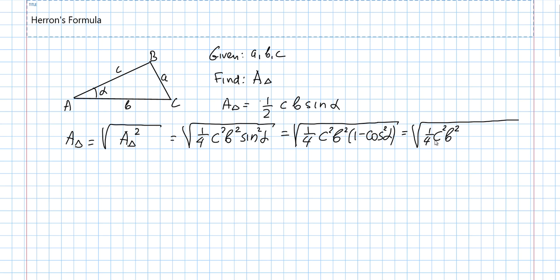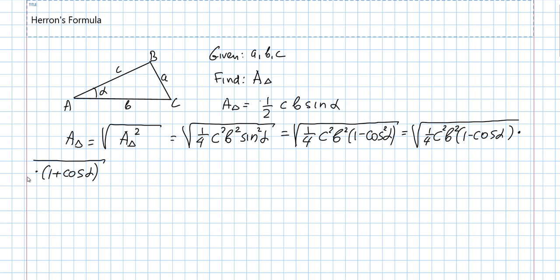This is 1 square minus cosine square alpha, so I can write it as a difference of squares: 1 minus cosine alpha times 1 plus cosine alpha. So this is what I have so far.